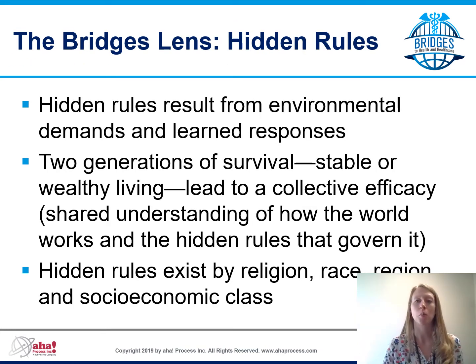We're going to talk more concretely about hidden rules in a bit, but for now, it's enough to say that as human beings, we live in environments, and these environments tend to be shaped by things such as socioeconomic class, as well as religion, race, language, and region. Environments tend to develop their own sets of norms, which Bridges refers to as hidden rules.